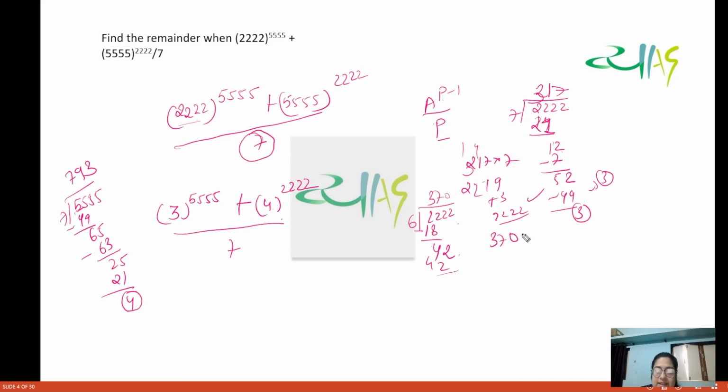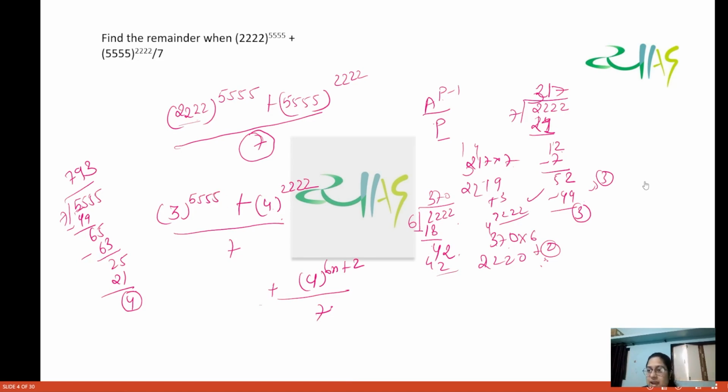So you have 370 into 6, 6 zeros are 642. And 18 plus 4 is 22, and then you have plus 2. So basically you will have 4 to the power 6n plus 2. This is in this format. So we will calculate the remainder for this.